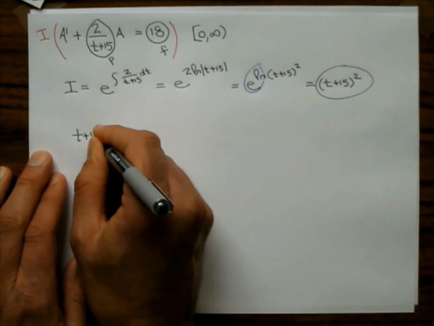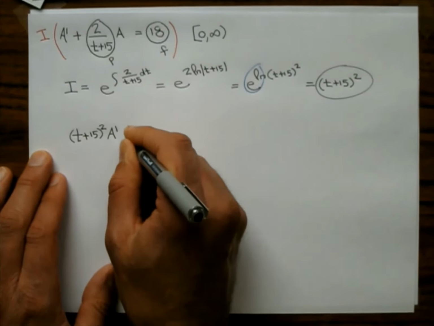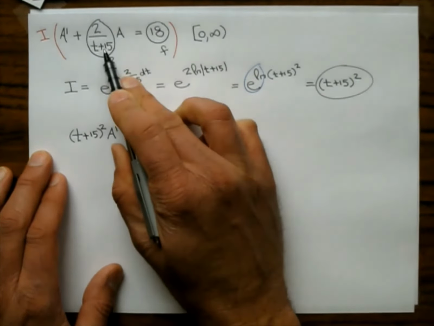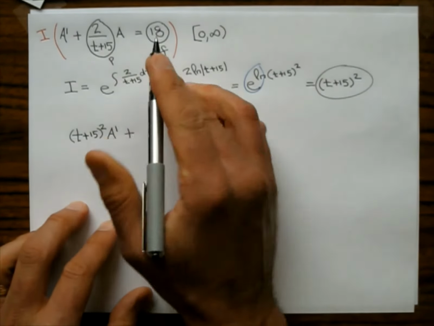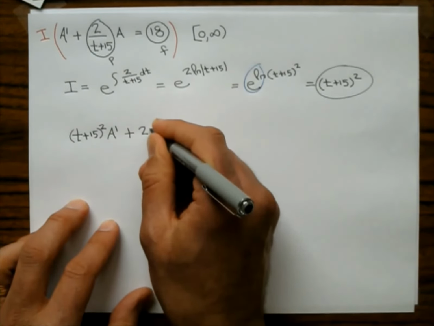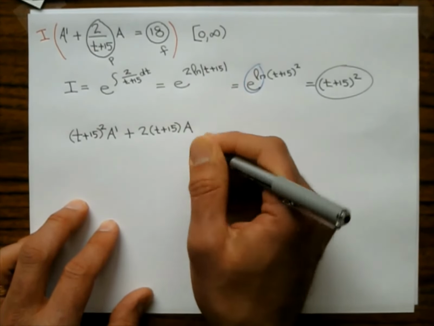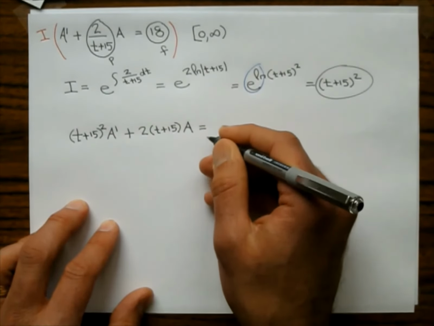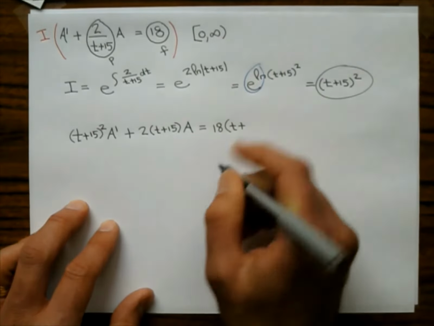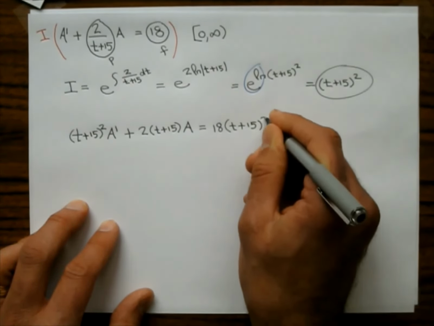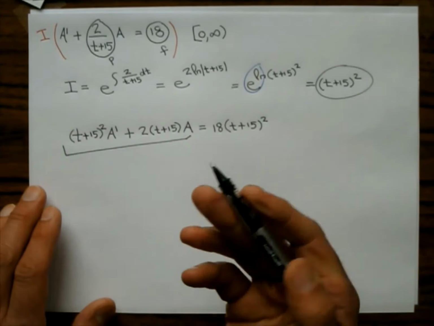t plus 15 squared times A prime plus, okay, this is going to be multiplied by this, so it's going to say 2 times t plus 15, this is times A, and then we're going to have 18 times t plus 15 squared. So what do we say about this part in the method of the integrating factor?